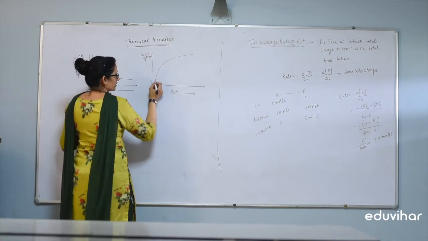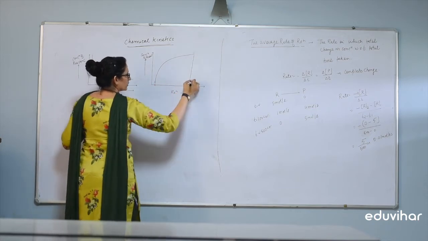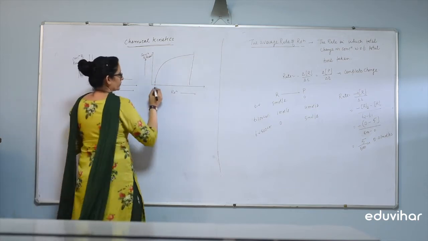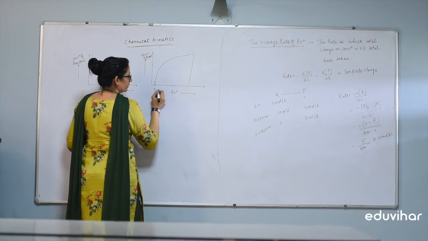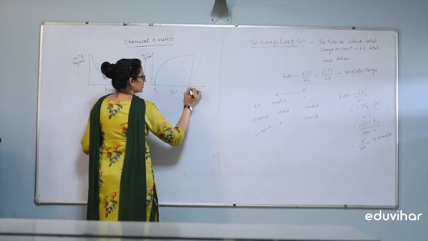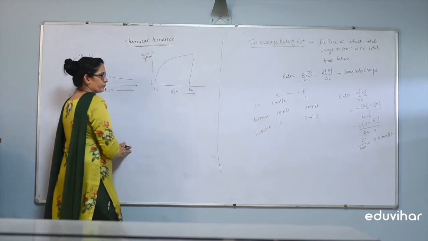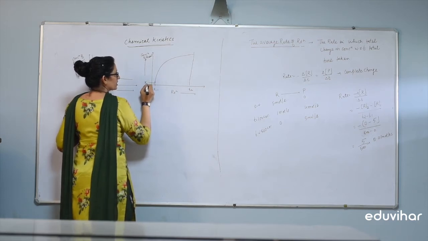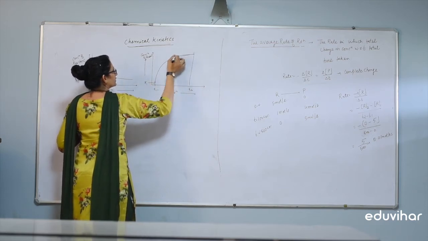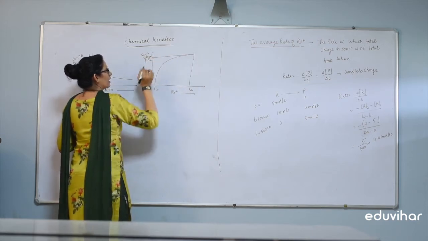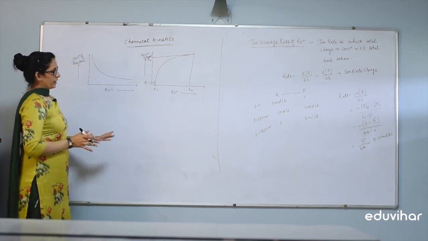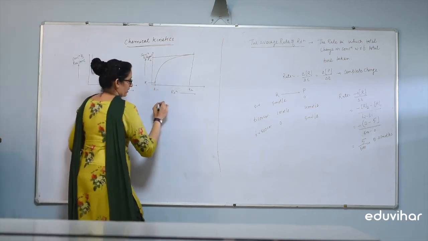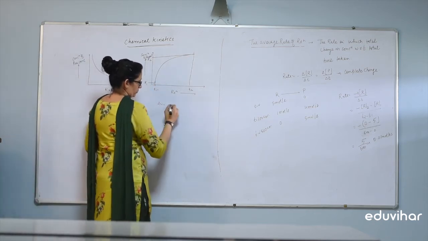For average rate, we calculate from here to here. This is T1 and this is T2. This is the initial concentration R1 and this is the final concentration R2.